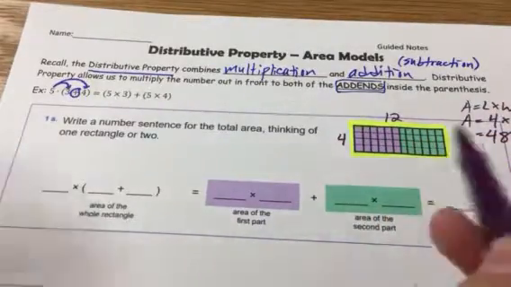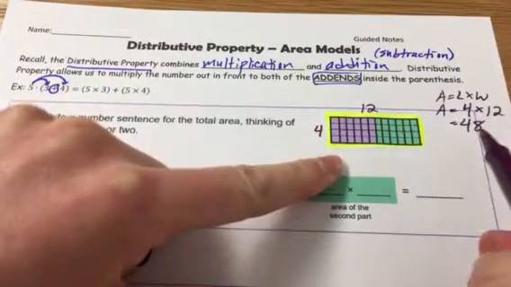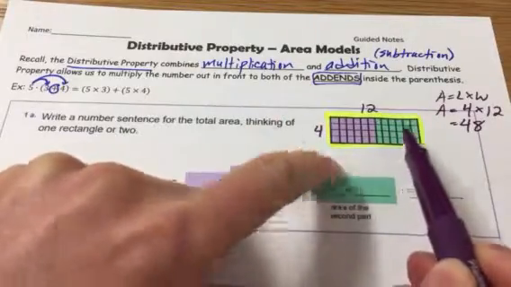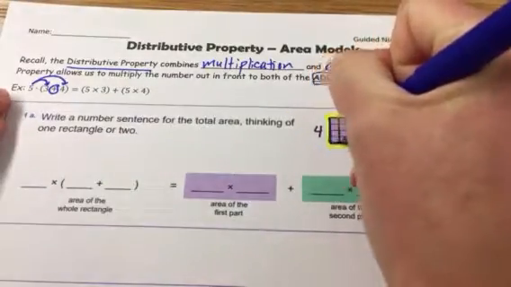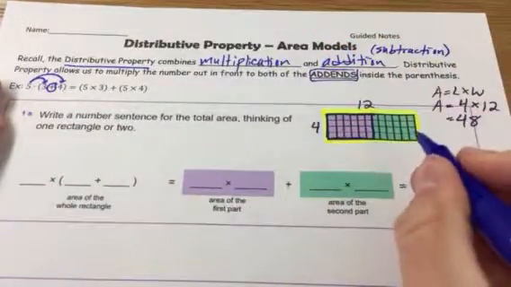And if we counted all of these squares up, we would get 48 square units. Now, if you notice, this larger rectangle is actually being broken up into 2 smaller rectangles. So we've got this purple rectangle, and we've got the green rectangle.